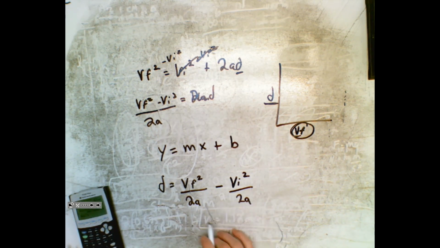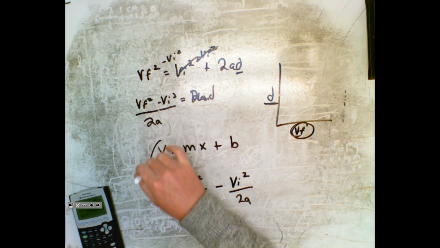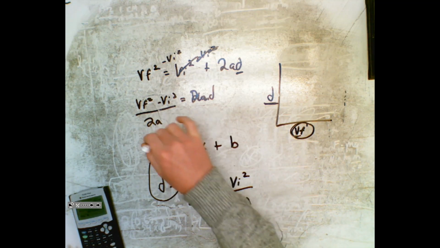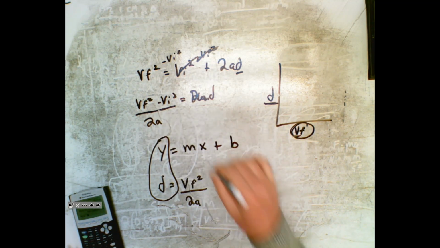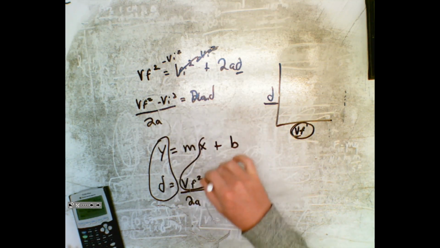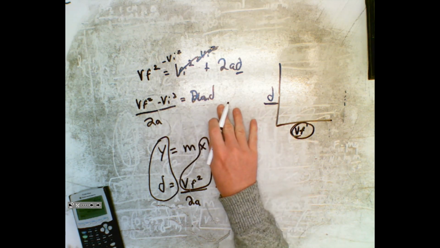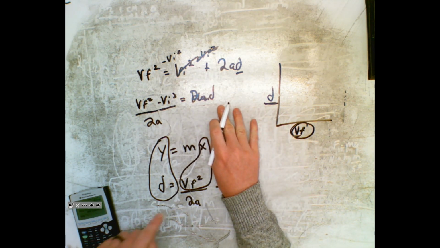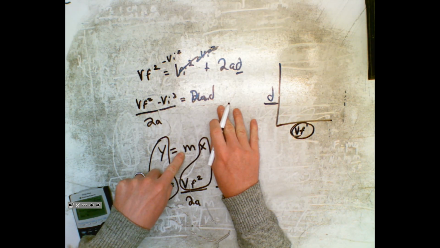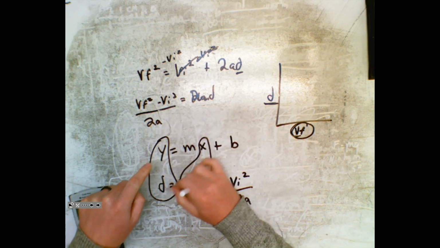So this is a nice way of writing it because now it's in y equals mx form, right? Because d is our y value. Our x value is vf squared. So just ignore this because this is my slope. This is my y-intercept stuff. So my slope is everything else. I can add a 1 here.